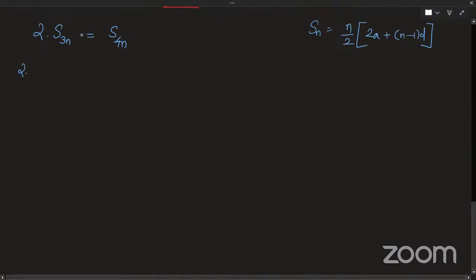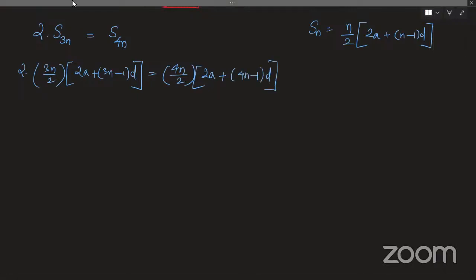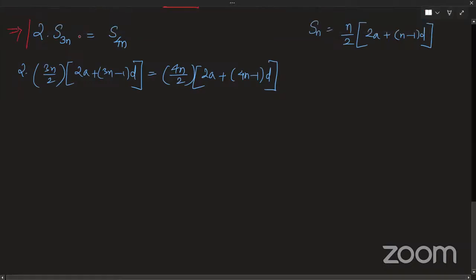So it is 3n by 2 into 2a plus 3n minus 1 into d. And the same thing goes here, so it is 4n by 2 into 2a plus 4n minus 1 into d. Fine? Everyone understood how this came? Great.